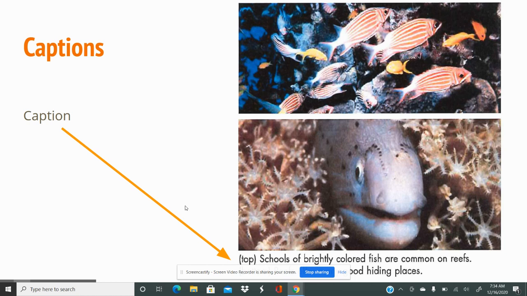Right, so that tells us what we are looking at. It describes what's in that photo. Bottom, reefs offer many good hiding places. So again, you can see what's going on in that picture, right? That fish is hiding in that coral. So captions are descriptions of the photos or other text features that are on a page.